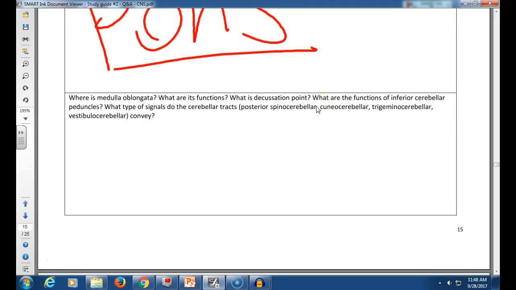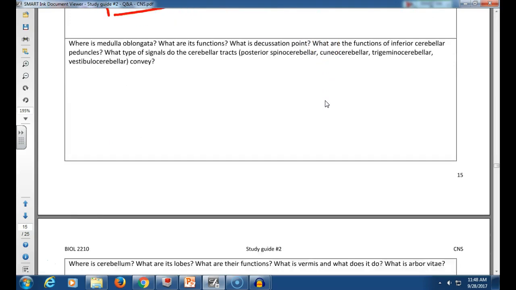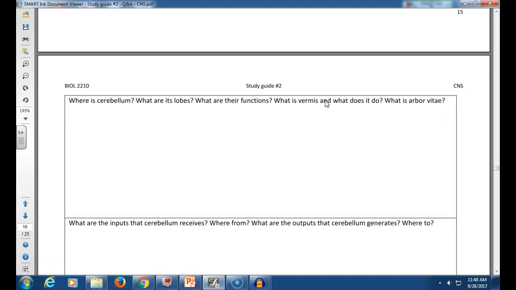Medulla functions identified on the pictures. Cerebellum functions, also know the flow of information. Does that make sense? Remember today there was a question, what type of sensory inputs does the cerebellum receive? Have an idea about that?